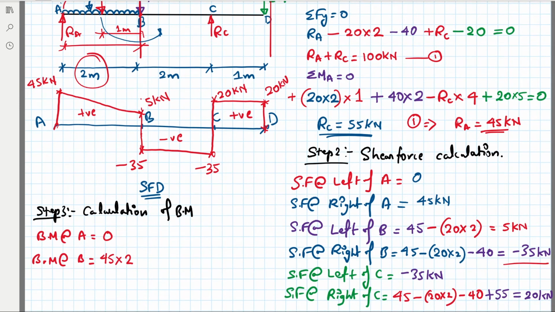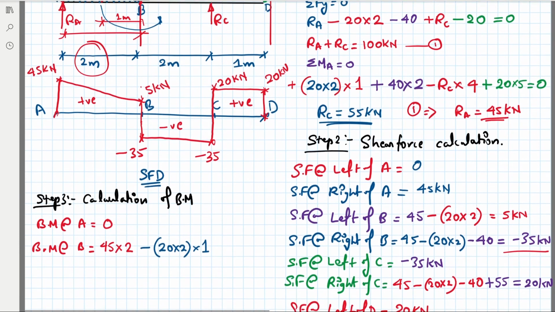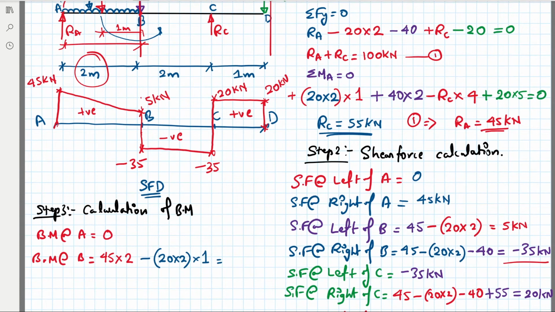On the left side of the section, our sign convention, anti-clockwise is negative. Intensity of that load is 20 into 2, which is at a distance of 1 meter. So if I do the calculation, I'm going to get bending moment at B equal to 50 kilonewton meter.